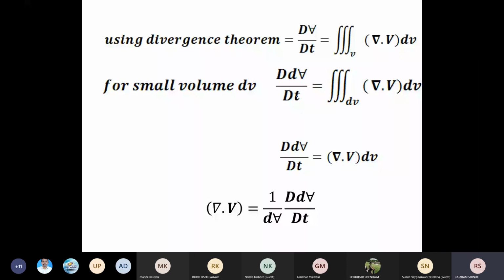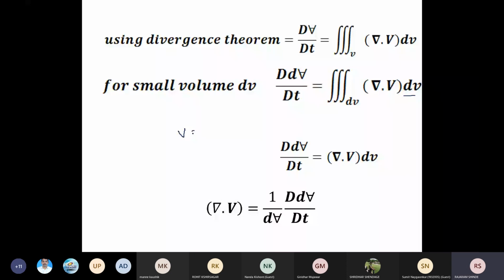Now for a small volume, this volume is constant, or for a very small volume, when we integrate over this one, you see here I have made one mistake here. What is that mistake? If your volume is very small, then the integration over this volume is the same as the integrand.